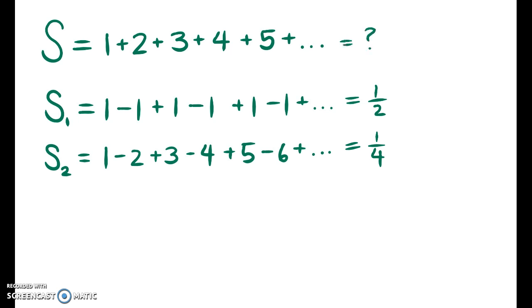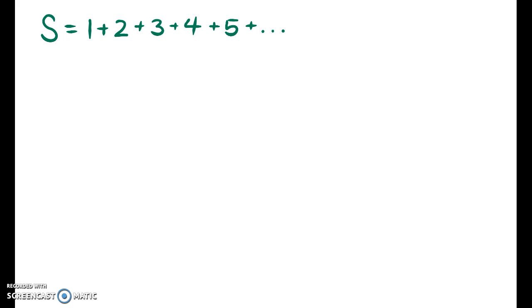Now we're ready to figure out what S is really equal to. So now we finally have our sum. S is equal to 1 plus 2 plus 3 plus 4 plus 5. Now in order to figure out what it's equal to, what if we try subtracting S2?